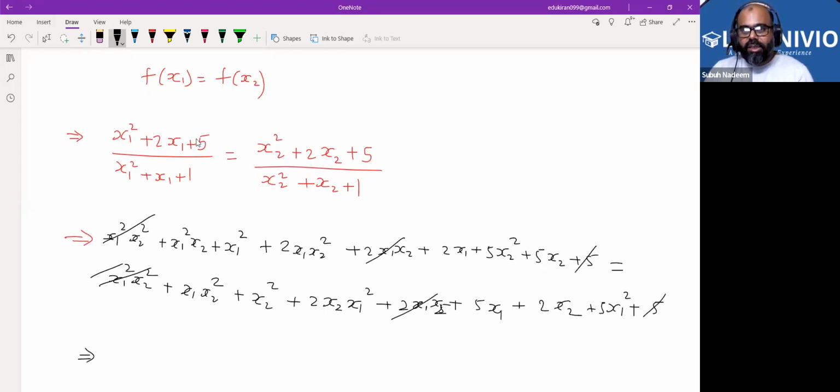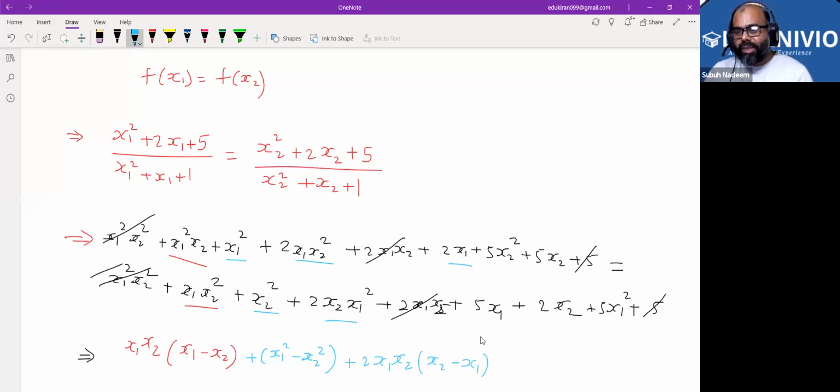So what we get: from this one and this one, x1 x2 common, and it will be x1 minus x2, then plus x1 square minus x2 square, then plus 2x1 x2 square plus 2x2 x1 square will be 2x1 x2 into x2 minus x1.